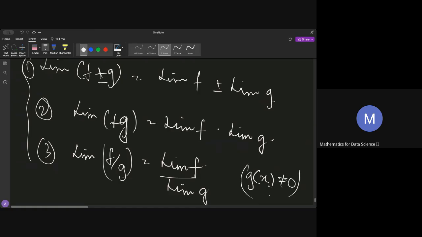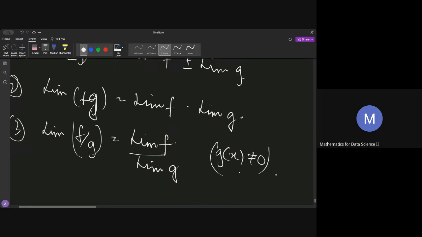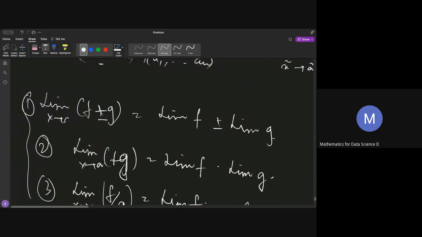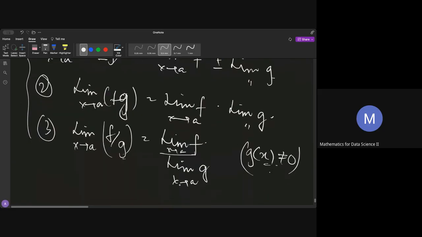We need to make sure that g(x) should not be 0 for any x, so the 0 value should not be here. When x tends to a, all of these are these limits. Same thing.